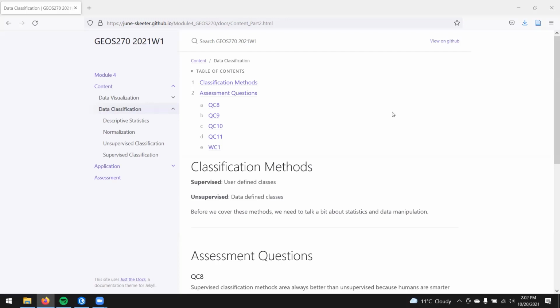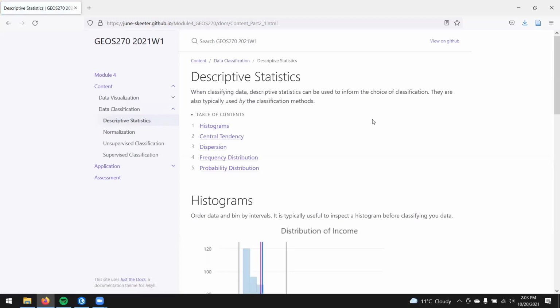But before I cover these methods, I just want to talk a little bit about statistics and data manipulation. These terms might be very familiar to some of you, and for others it might not be very familiar. You might be like, oh, statistics, no. That's one of the difficult things about teaching a class like this, where people come from such a wide range of backgrounds and disciplines.